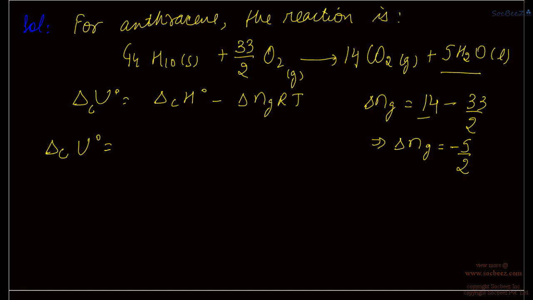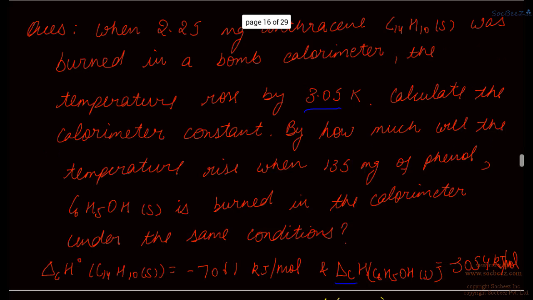We are given delta H as minus 7061 kilojoule per mole.